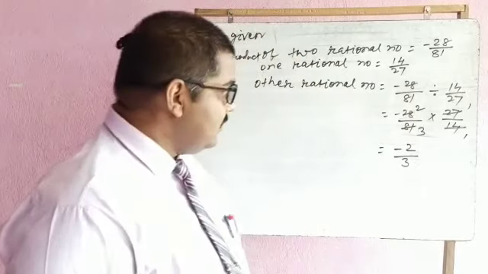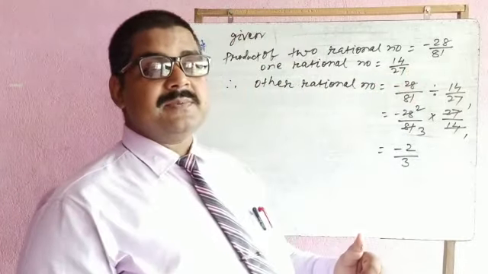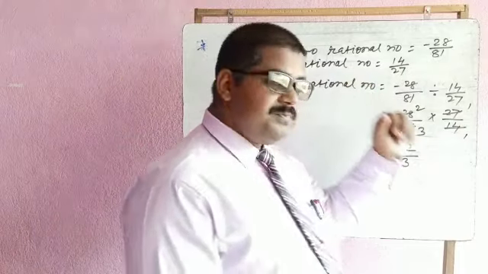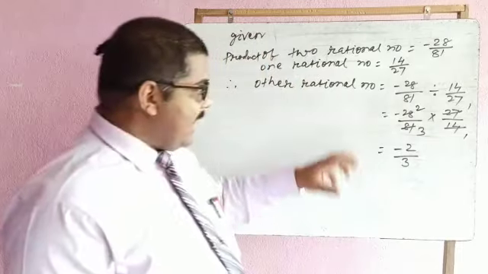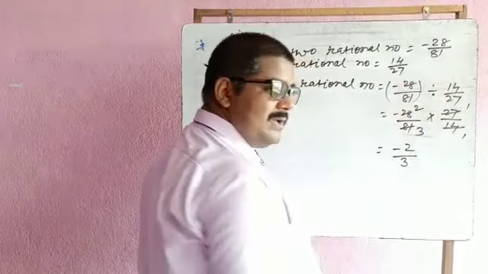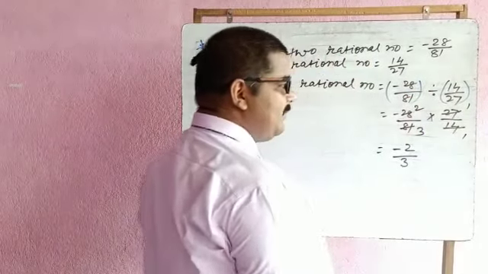Since in this question the product of two rational numbers has been given, you have to divide it by the first rational number.